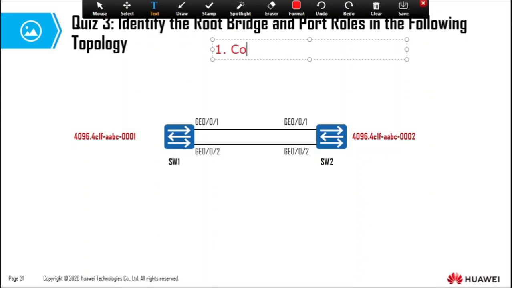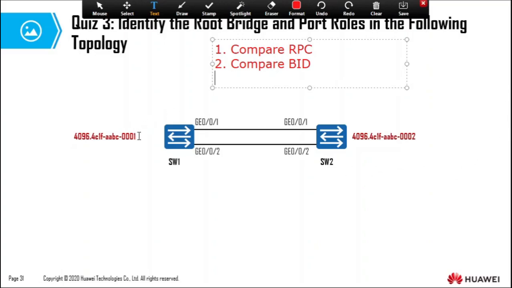Number 1, we compare what? RPC, right? RPC for G001 and G002, same, right? Then we compare what? BID. BID for G001 and G002, same, right? You're just comparing the BID of switch 1 for both of them. And then next we compare what?